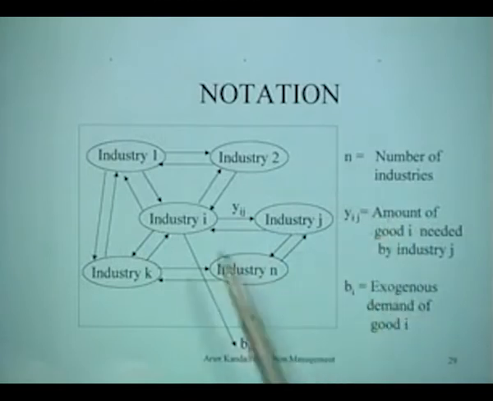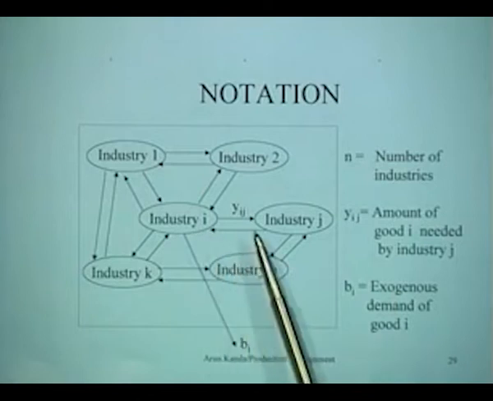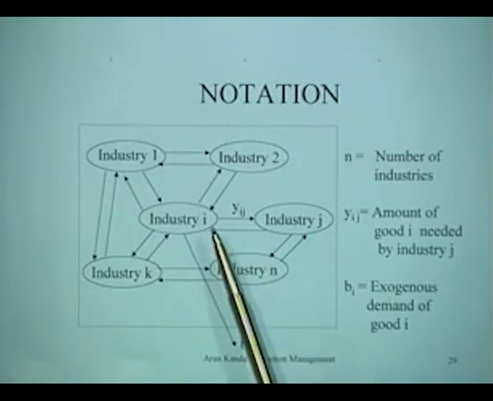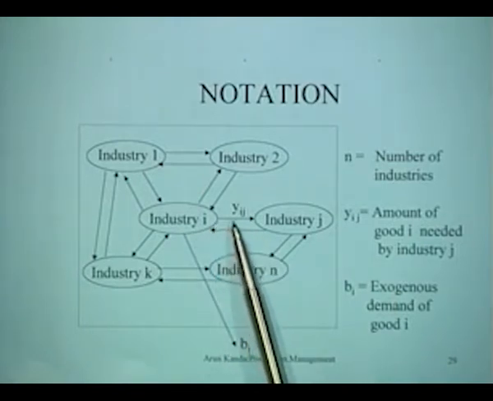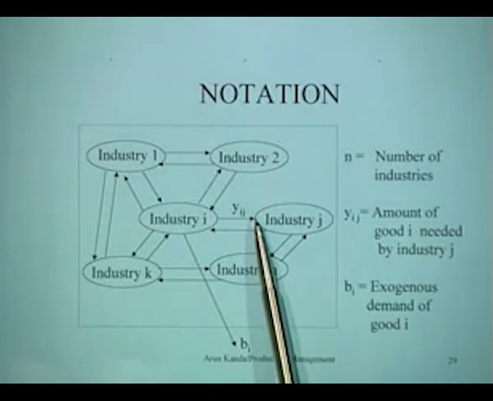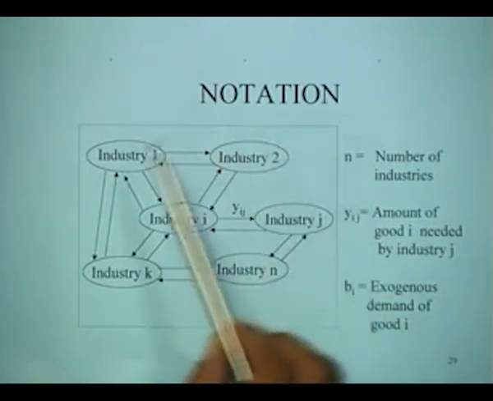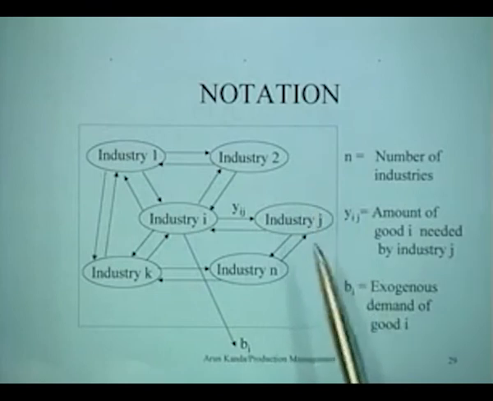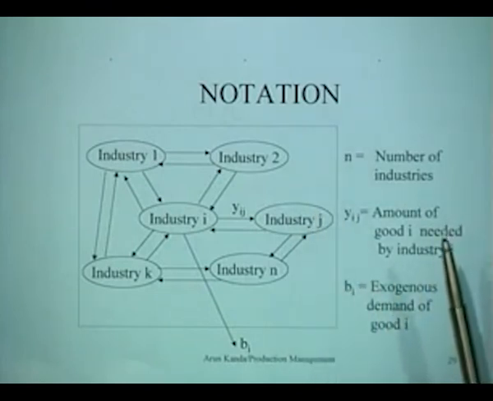Yij is the amount of good I needed by industry J. So Yij is flowing from the ith industry to the jth industry, because the jth industry during the whole period, mind you this entire exercise is for a certain period and the normal period is 1 year.